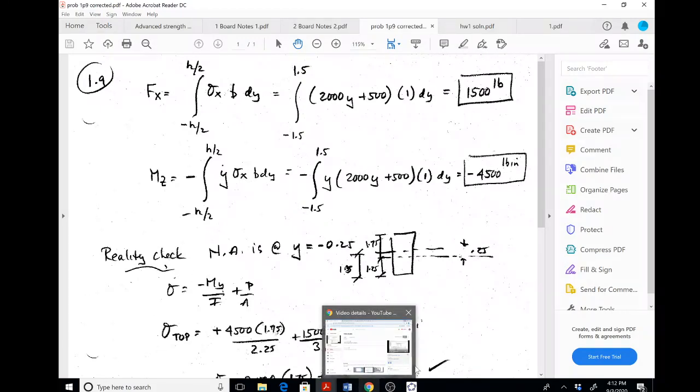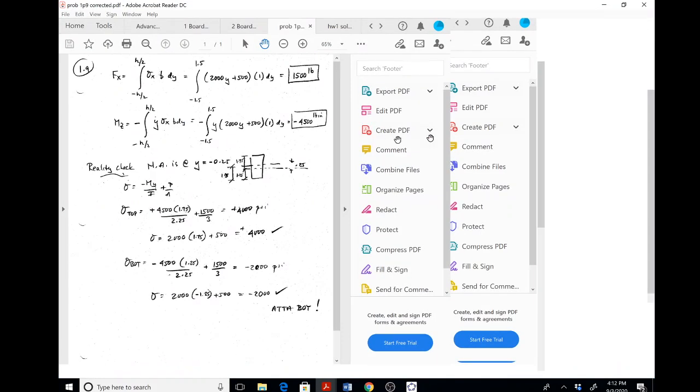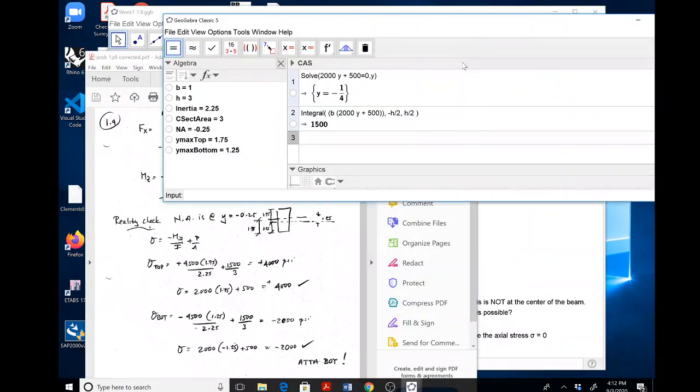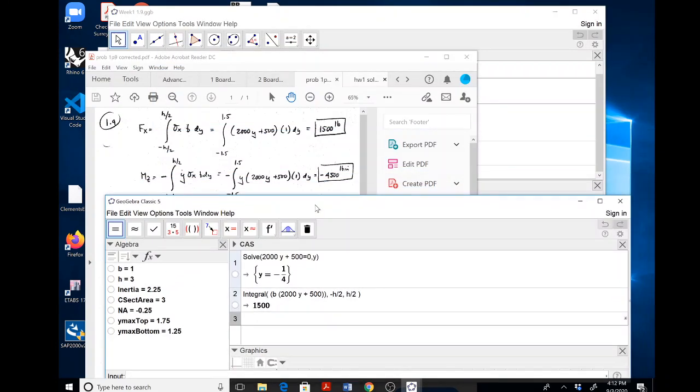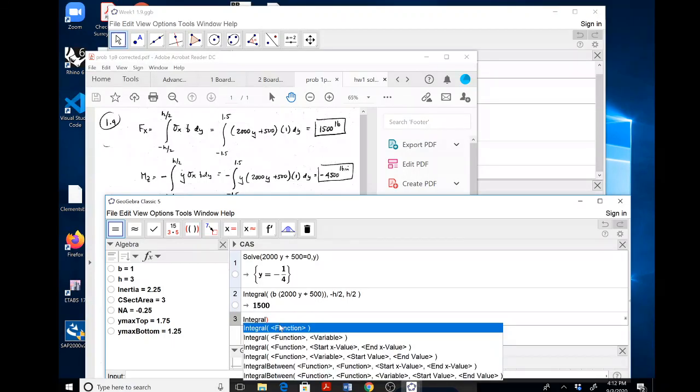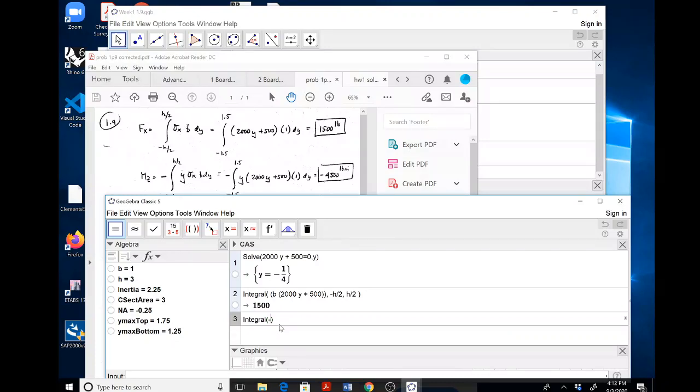So it will be, maybe I should leave this open so I don't screw this up here. Let's put this in here as integral of, oh, and there's a minus sign here, right? Integral of, it's minus y times the quantity 2000 y plus 500 times b.